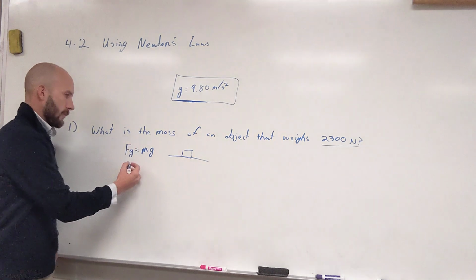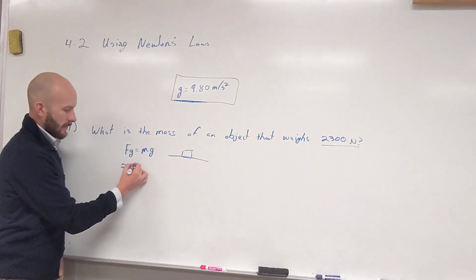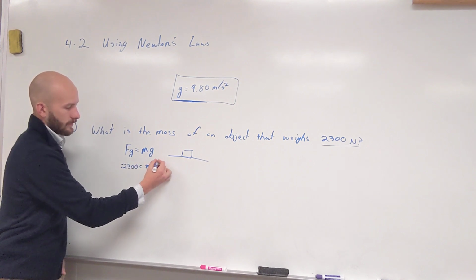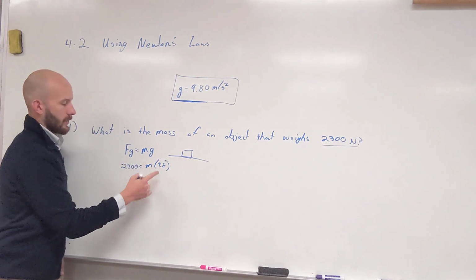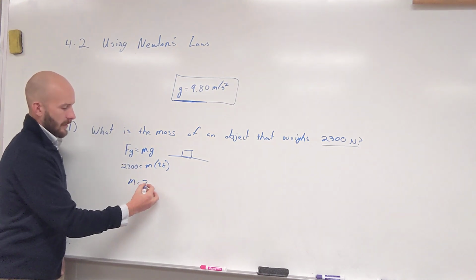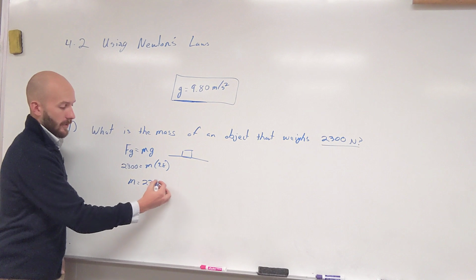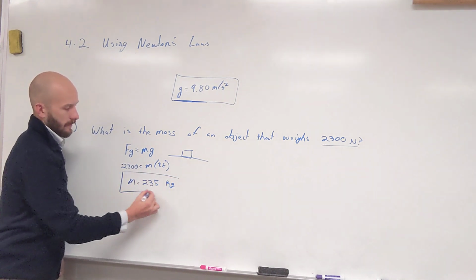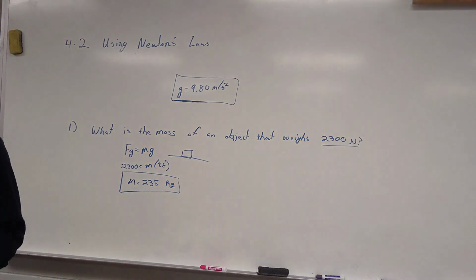So we plug that in: the weight is F sub g in newtons, and we're solving for the mass, so you divide both sides by 9.8, and we get about 235 kilograms.